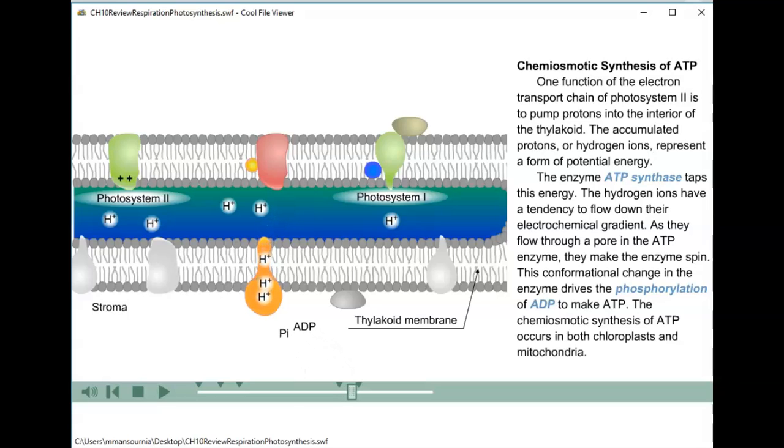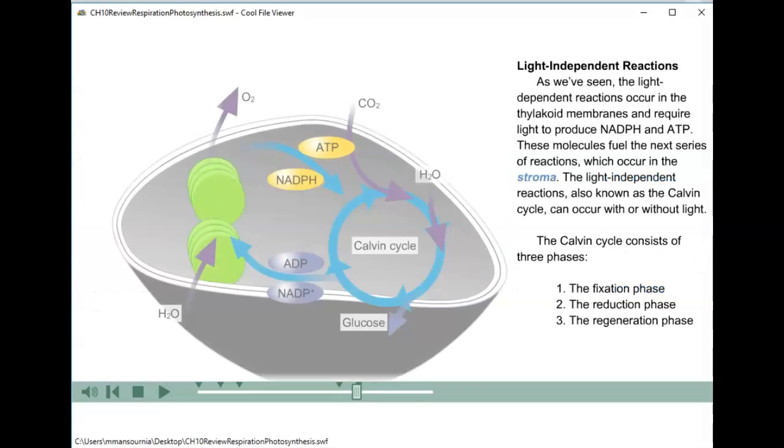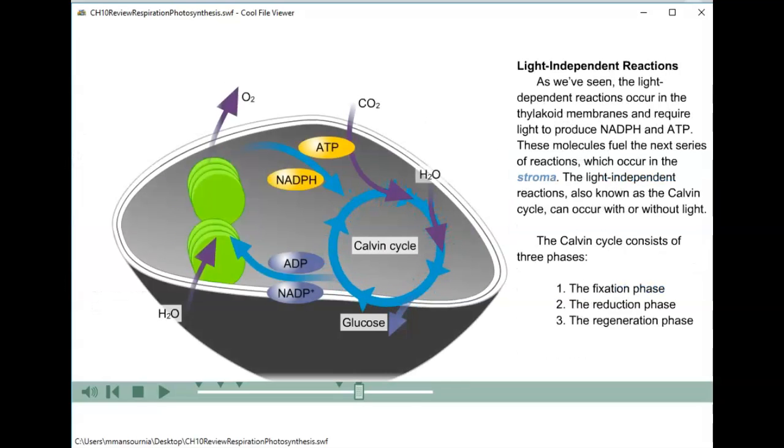As they flow through a pore in the ATP enzyme, they make the enzyme spin. This conformational change in the enzyme drives the phosphorylation of ADP to make ATP. The chemiosmotic synthesis of ATP occurs in both chloroplasts and mitochondria.